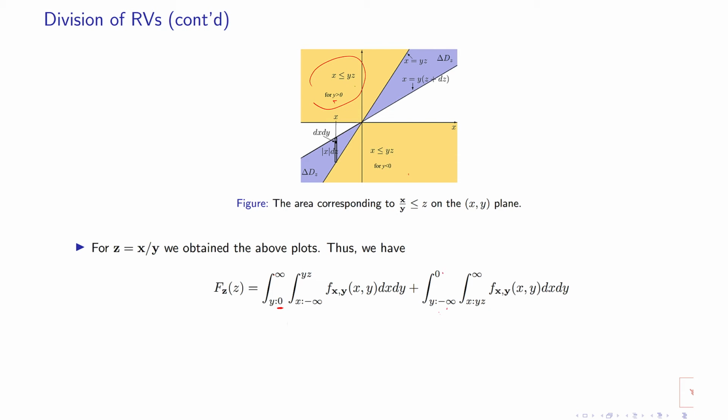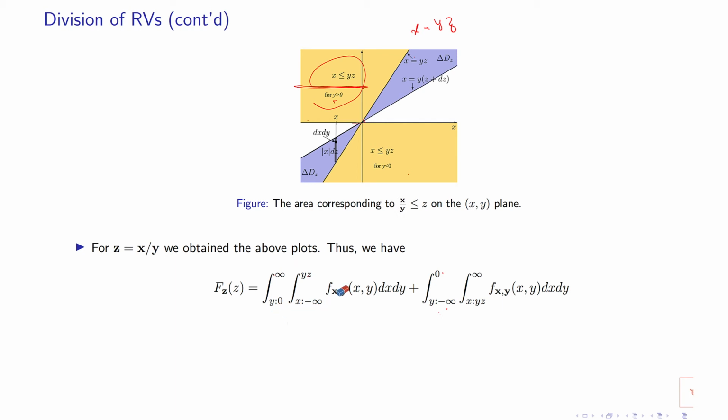Now, for a specific value of y in the yellow one, x varies from minus infinity up to this line. And the equation of this line is x is equal to yz. So x varies from minus infinity to yz.